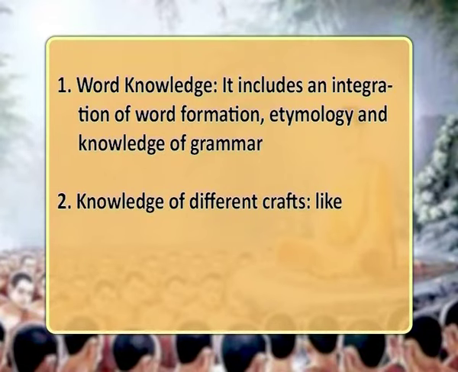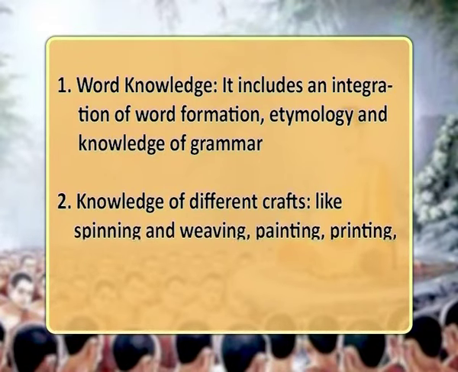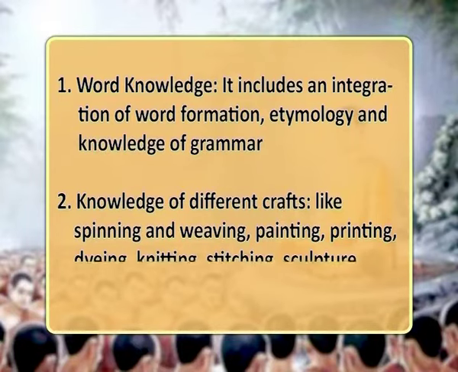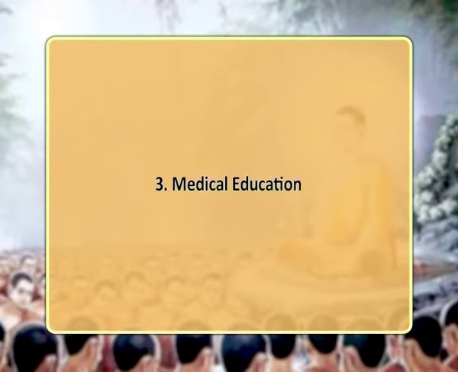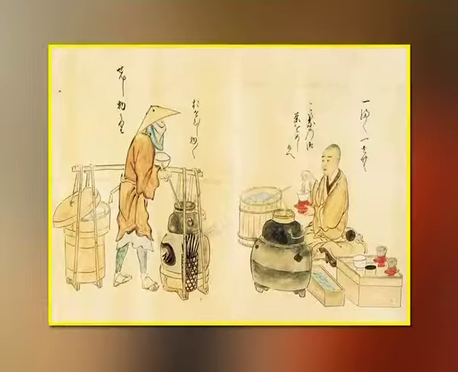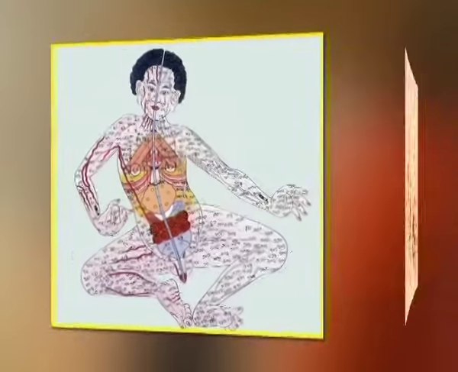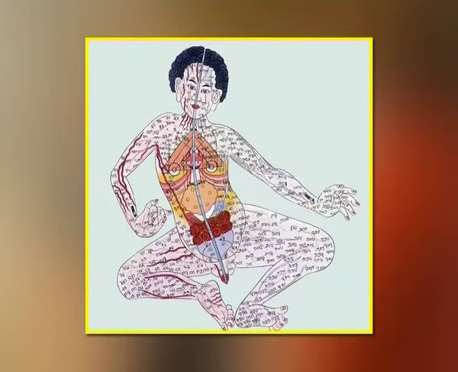Second, knowledge of different crafts like spinning and weaving, painting, printing, dyeing, knitting, stitching, sculpture, agriculture and animal husbandry, etc. The third type is medical education, which includes knowledge of medicine, surgery and physiology.